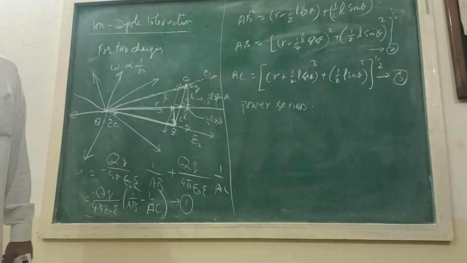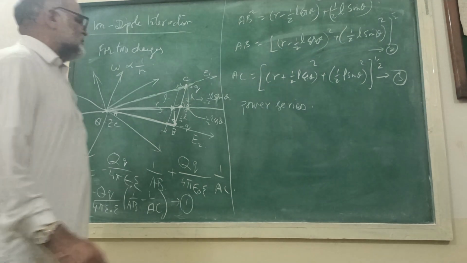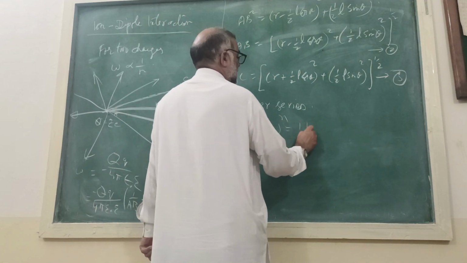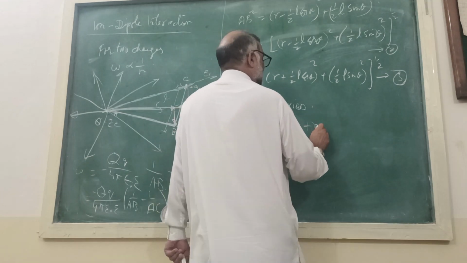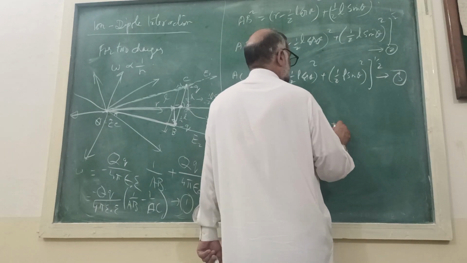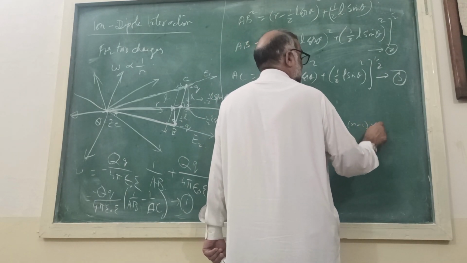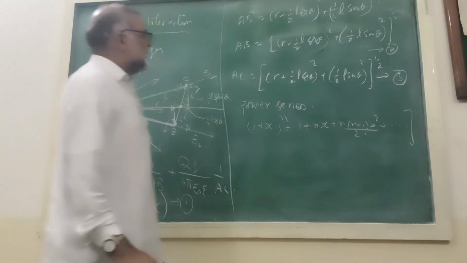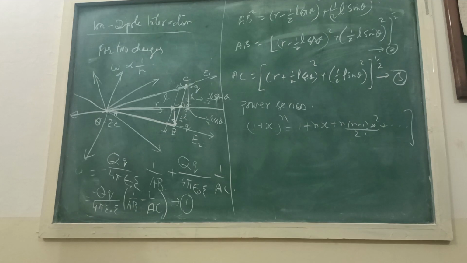Power series: 1 plus x to the power n is equal to 1 plus nx plus n(n minus 1) x square over 2 factorial, plus so on. Right?